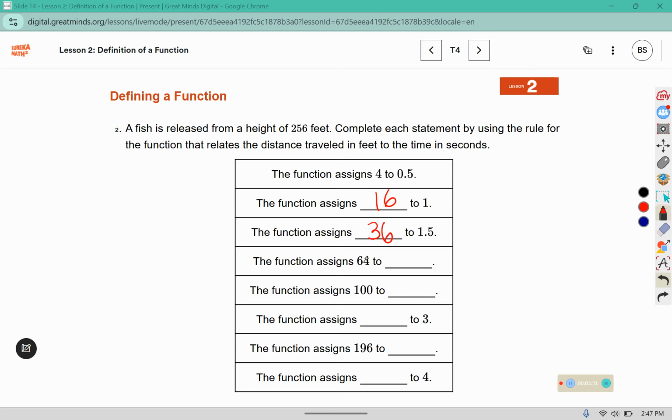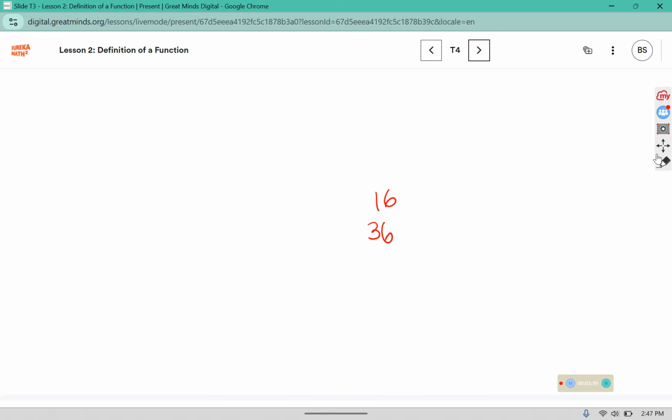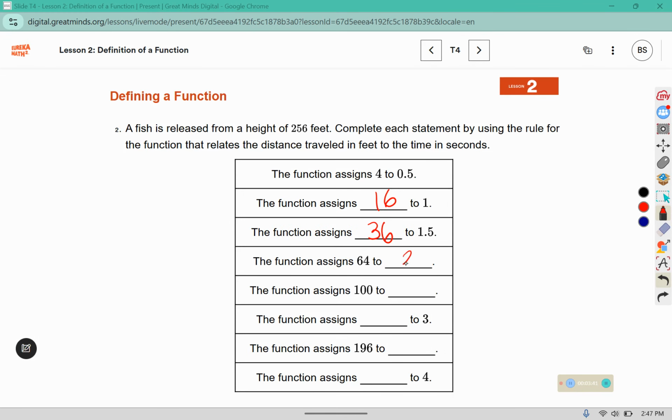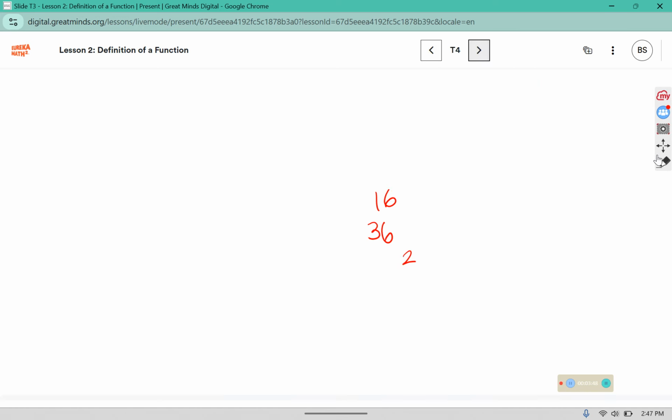Now it's backwards. It's going to give us 64, and we have to decide what time interval that was. So 64 was 2 seconds. 100 was 2.5 seconds.